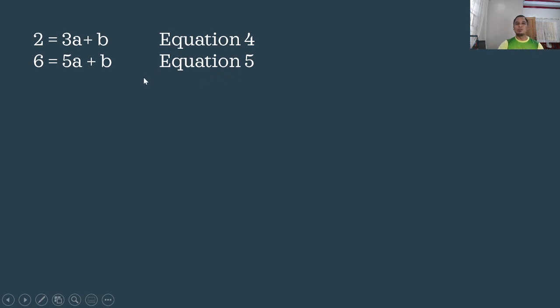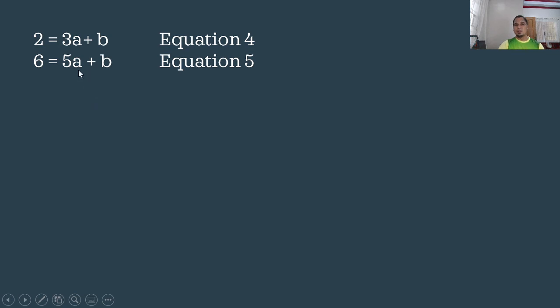As I told you before, we only have a and b as our real numbers here. The real numbers represent values, and we're basically looking for the values of a, b, and c.